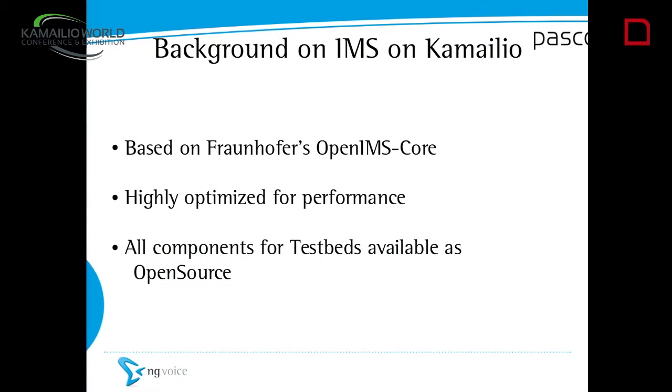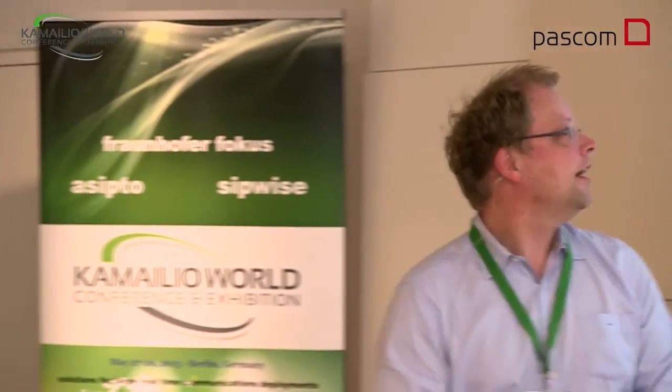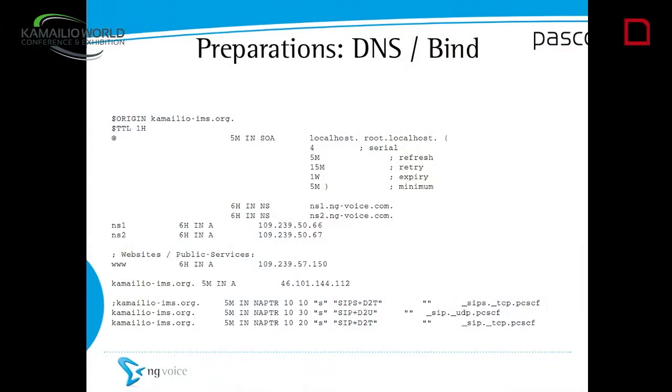Most of the things I will do live, but there was one thing that I had to prepare a little bit in advance, and that's a very important part. That's the DNS part. We've got a DNS domain, kamailio.ims.org, and we need to define what services we are providing on that network.